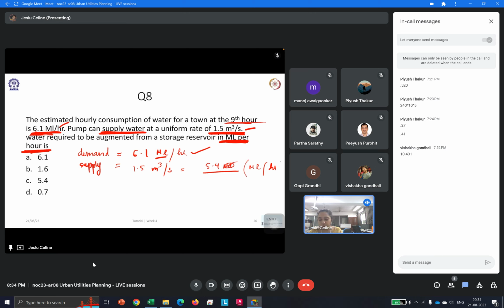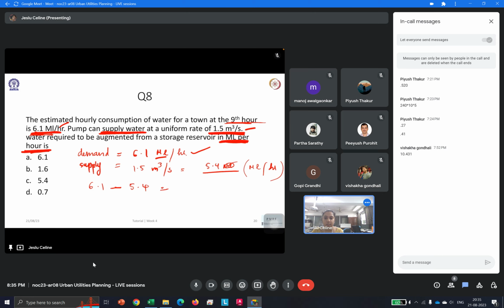Now how much should be augmented from the reservoir? It's basically the demand minus supply, right? We have the demand of 6.1 minus whatever supply that we are getting, which is only 5.4. So this difference will be the value that needs to be augmented.